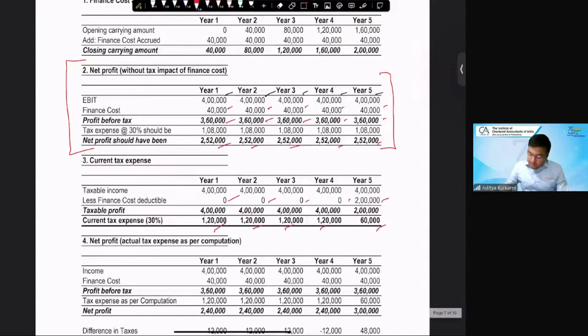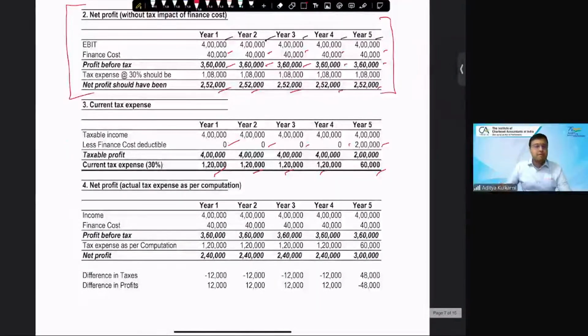Okay. So now what happens is it appears that 1,08,000 minus 1,20,000, 12,000, 12,000, 12,000, 12,000. It appears we are paying extra.